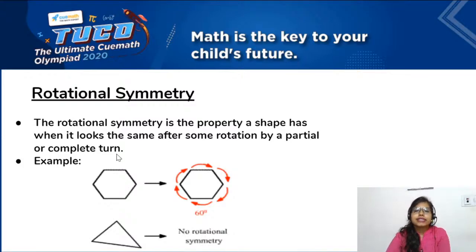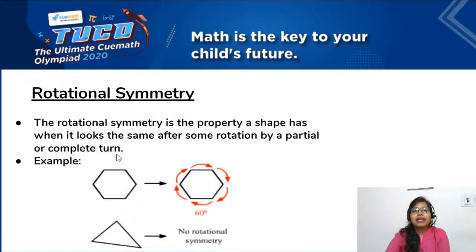What this exactly means is, suppose I have an object and I'm rotating it by some random angle. When an object is rotated, there might be several shapes to the object. There might be a situation wherein the object looks the same after rotation, and there might be situations where the object changes its shape after a certain rotation.